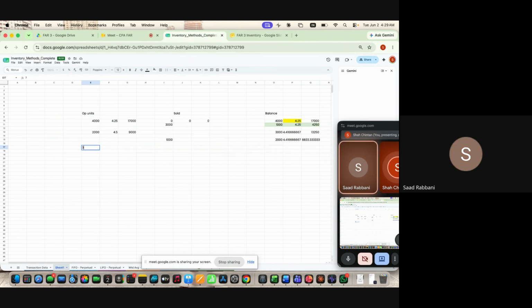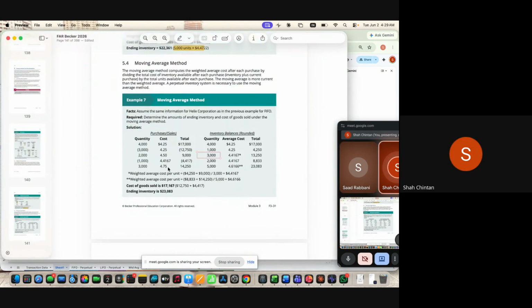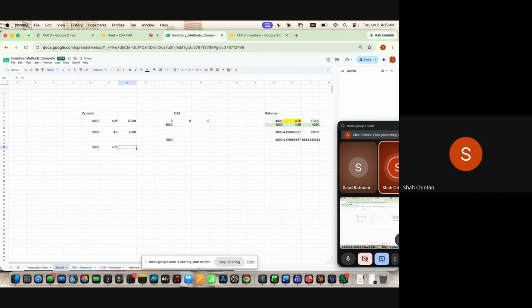Okay. Now I'm moving to the last transaction, where I have purchased units at 4.75, and now my total closing stock on hand is 5000.